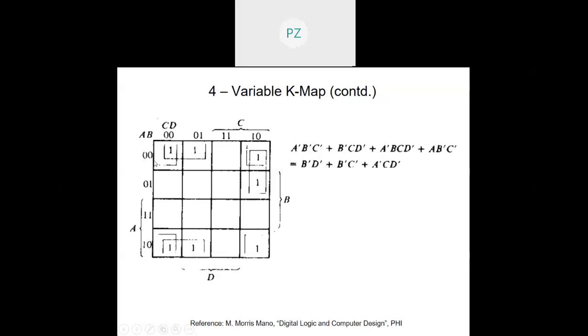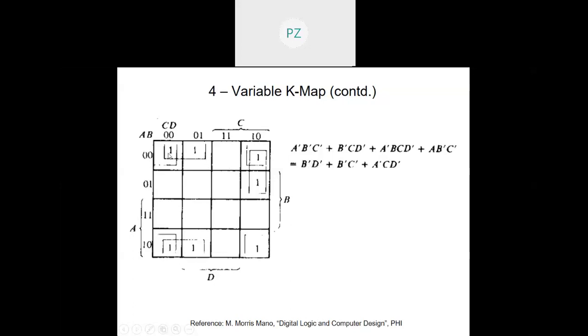A gets eliminated, B bar, right? And then in these 2 columns D dash will remain, C gets eliminated. So I'll get B dash, D dash. So one combination of 4 ones is giving me B dash, C dash. The other combination of 4 ones is going to give me B dash, D dash.